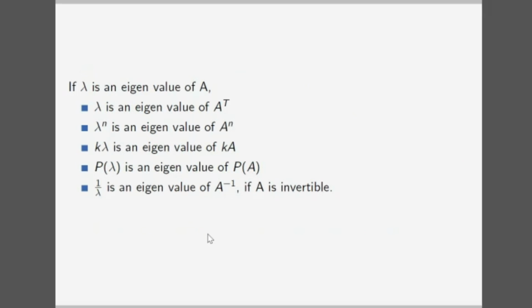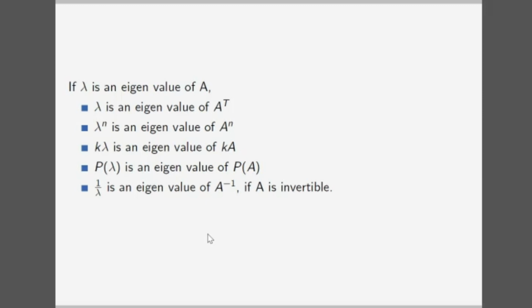Next, if we know the eigenvalues of a matrix, we can also find the eigenvalues of its transpose, its power, its scalar multiple, any polynomial that is built using that matrix, and if it is invertible, its inverse. That is, if lambda is an eigenvalue of a matrix A, then lambda is also an eigenvalue of A transpose.